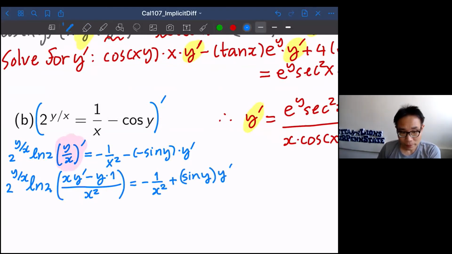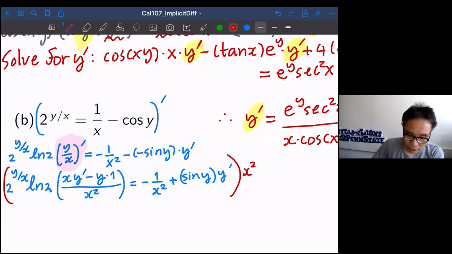And you see that you have many terms, and in order to solve for y prime for this one, you're going to multiply the whole thing by x squared in order to ease the calculation.